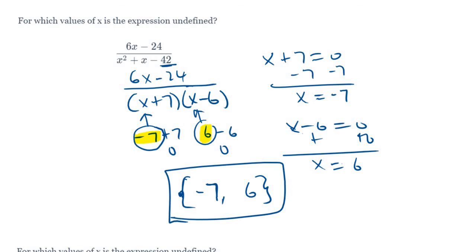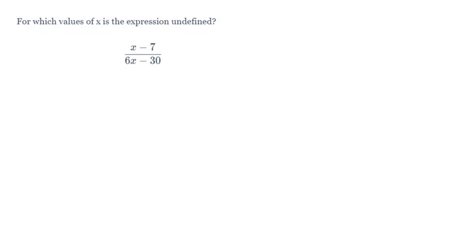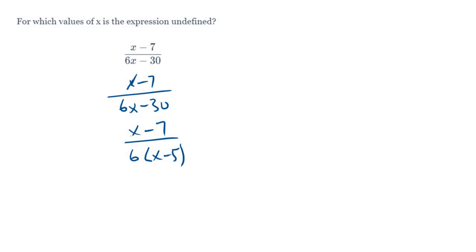All right, I think this is the last example. I have x minus 7 and then 6x minus 30. What I can do is factor the denominator like this: 6 times x minus 5. So now I have two factors at the denominator. Either 6 will make it 0 or x minus 5 will.